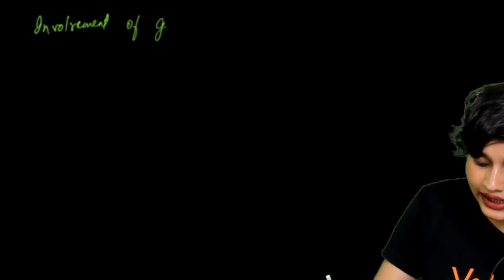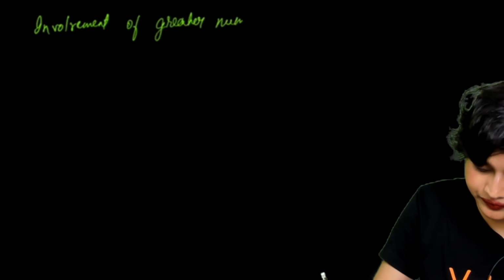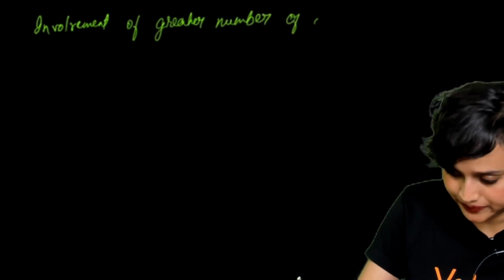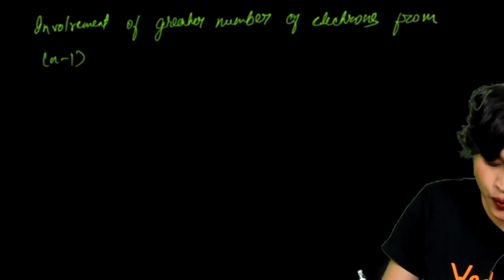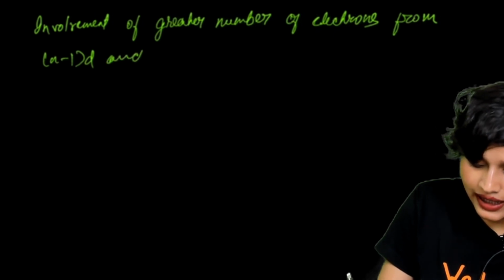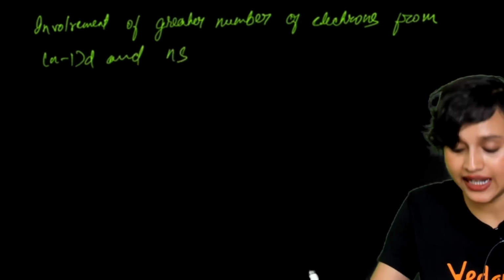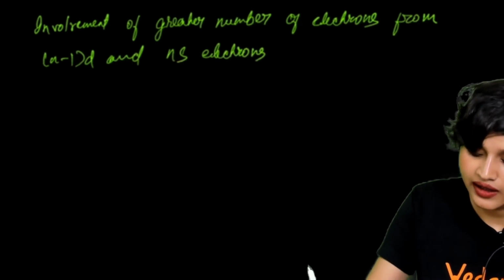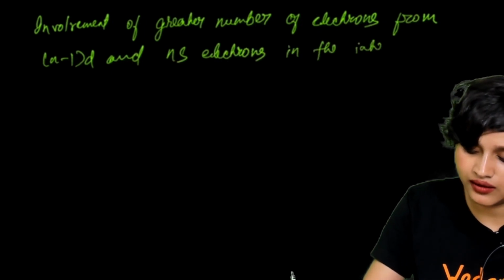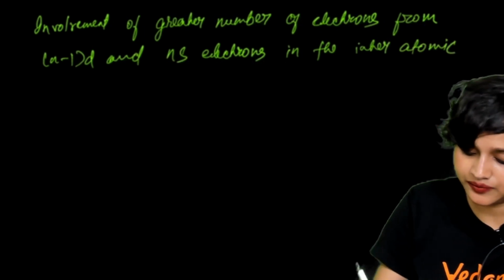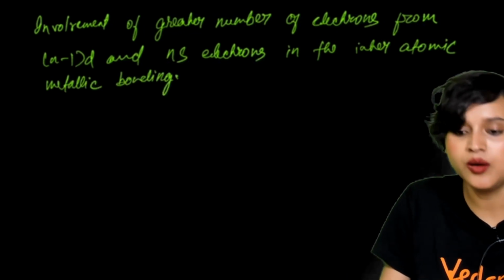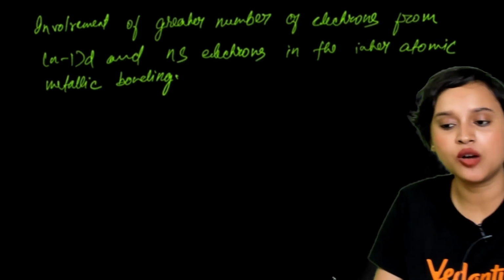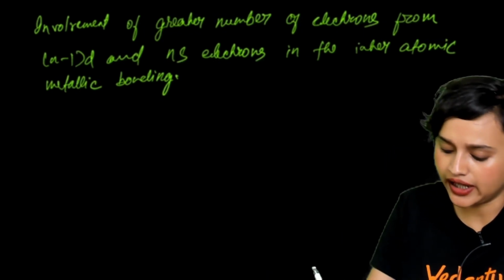Involvement of greater number of electrons from n-1d and ns electrons in the interatomic metallic bonding. Because of stronger interatomic bonding, transition elements have high melting and boiling point.